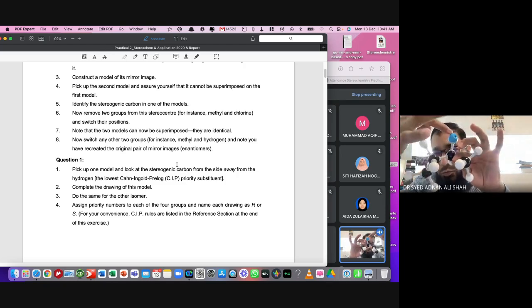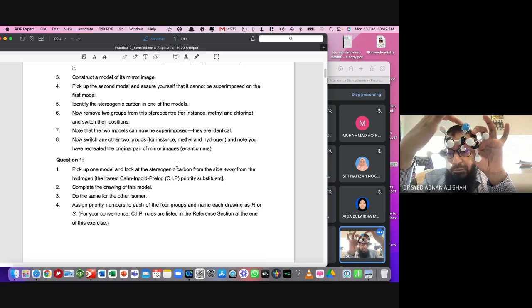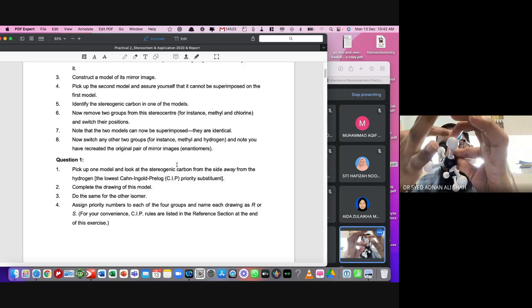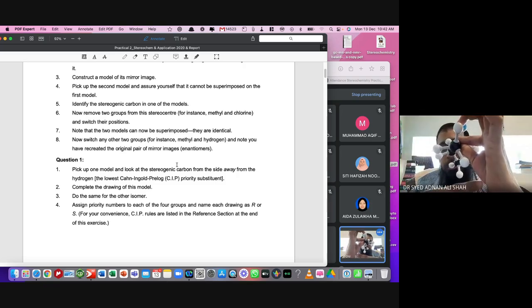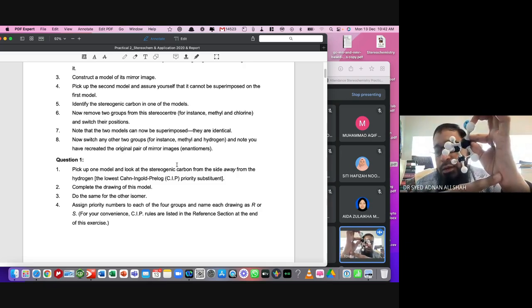So how do we have to move? Clockwise, right? From your perspective, you can see we move clockwise, from the first priority to the second priority, and then the third one. When you move clockwise, it is R, and if anti-clockwise, it is S, right?